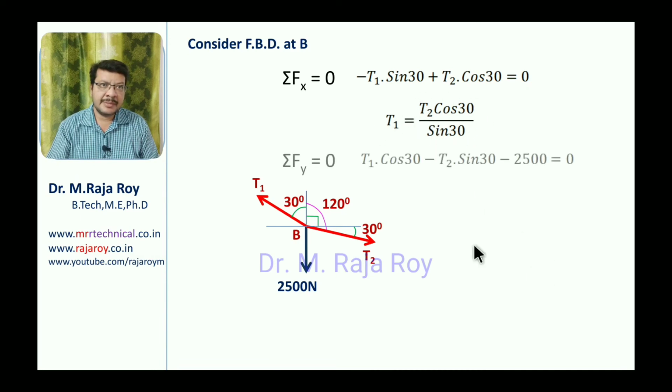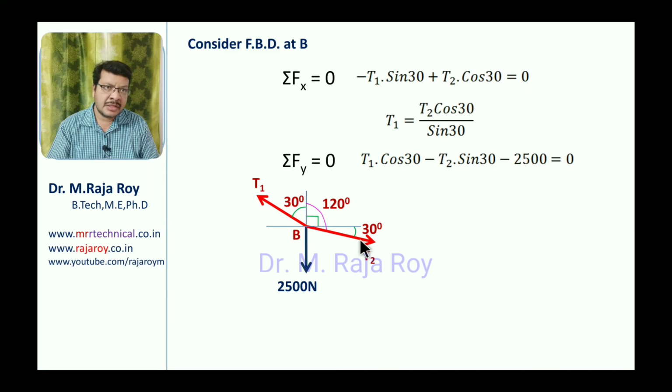Now take sigma fy. Sigma fy means components along y direction. So along y direction means like this. T1 cos 30. This angle is 30. That's why this adjacent side you have to see like this. T1 cos 30 is the y component, that is upwards. That means positive.